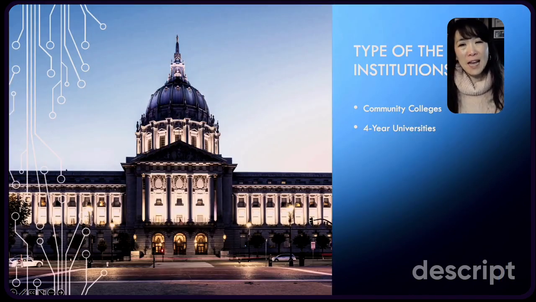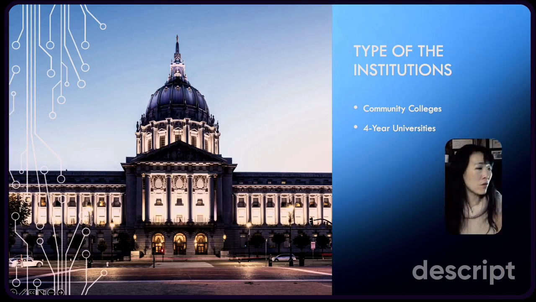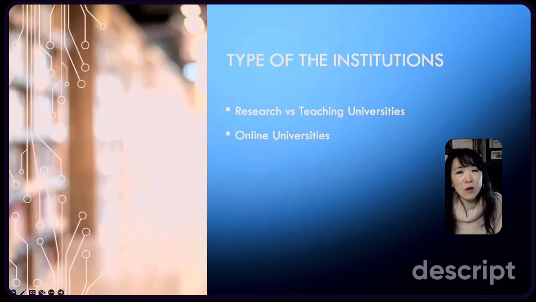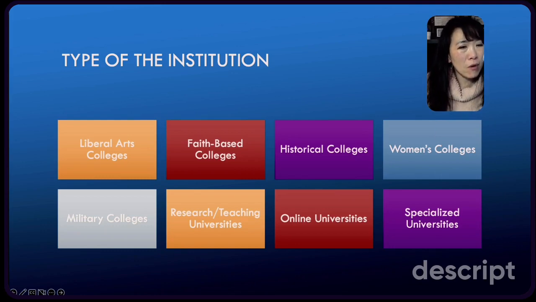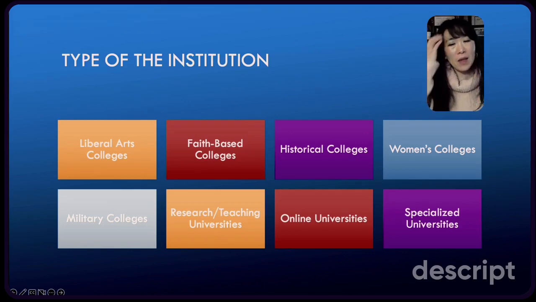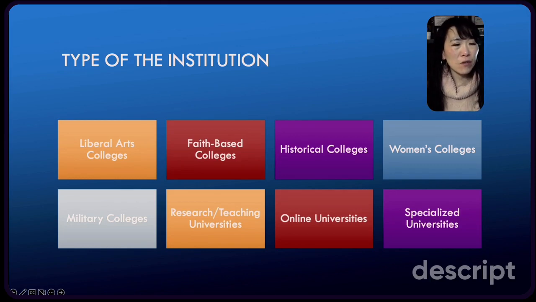So we talked about types of institutions. If we go back, community and four-year universities, there's also different types of university: research versus teaching universities and online universities. Some of you have mentioned this before. We talked about liberal arts, military, faith-based, research and teaching, historical colleges, online universities, women's colleges and specialized universities.